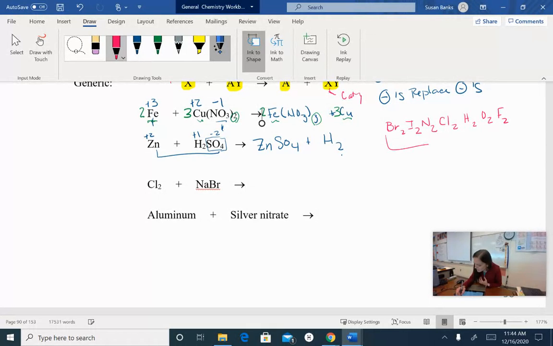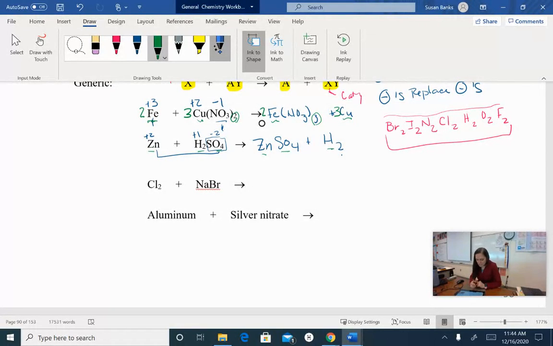If I put them together in this order, they spell out Brinkelhoff. So that's how I remember what elements are diatomic. Okay, now let's go back and let's balance this. 1 zinc, 1 zinc. 2 hydrogens, and 1 sulfate group, and 1 sulfate group. We're good. This balances by itself.